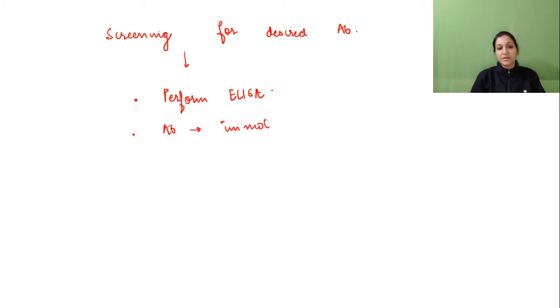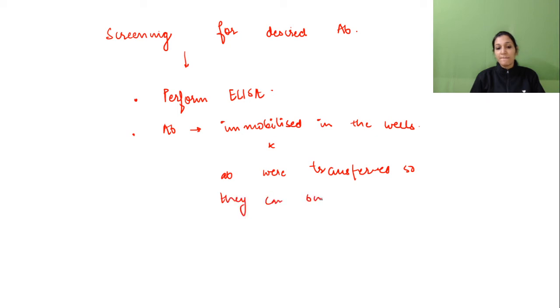Antigens are immobilized in the wells, and antibodies are transferred so that they can bind to the antigen. So this is the way it is performed, and this is the selection method.